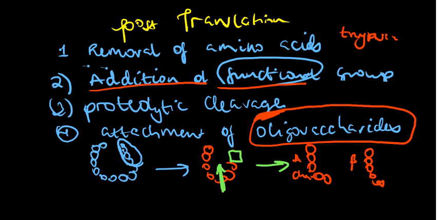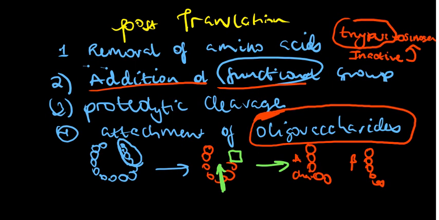Whenever you see where they've added an "-ogen", just know that this is inactive. The active form is called trypsin. The inactive form is what we call trypsinogen. So this is all about post-translation modification.